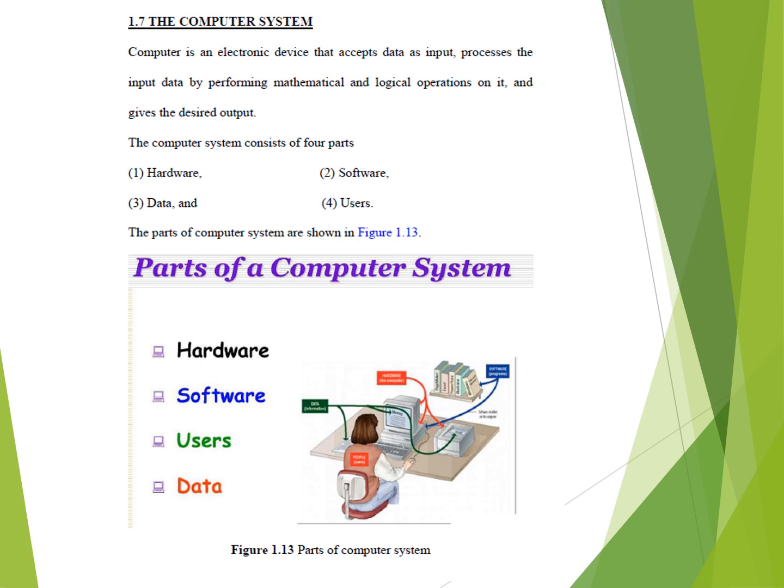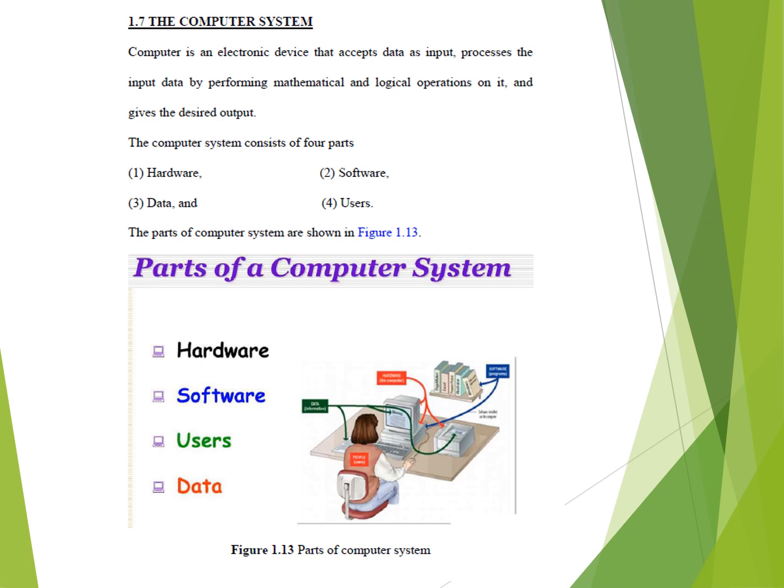The first part, hardware; second part, software; third part, data; and fourth part, users. The parts of a computer system are hardware, software, users, and data. What are the parts of a computer system?